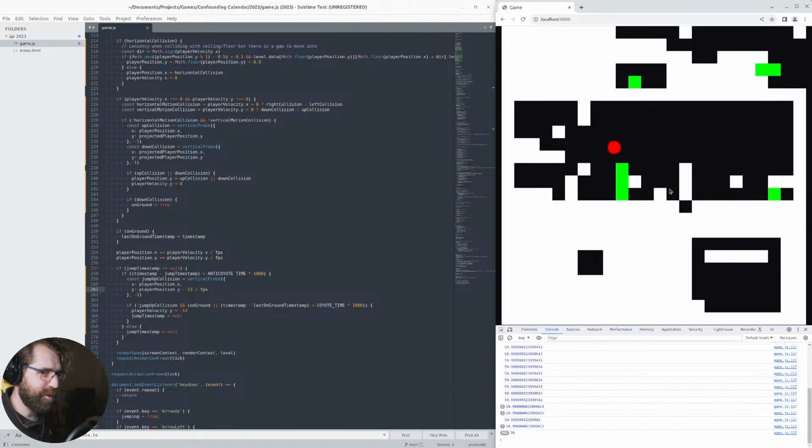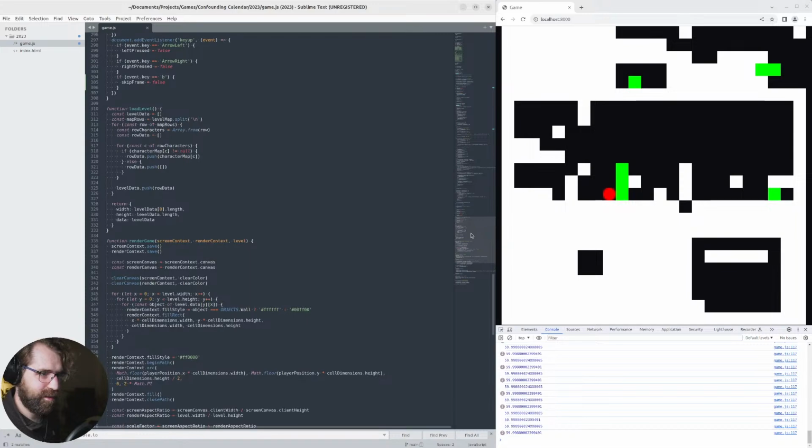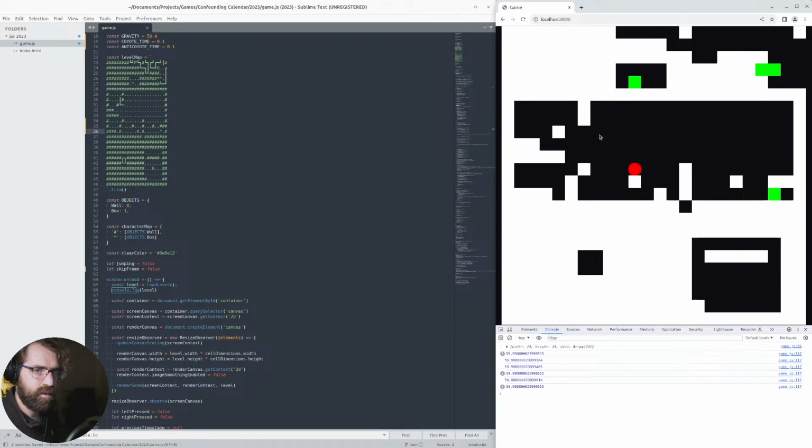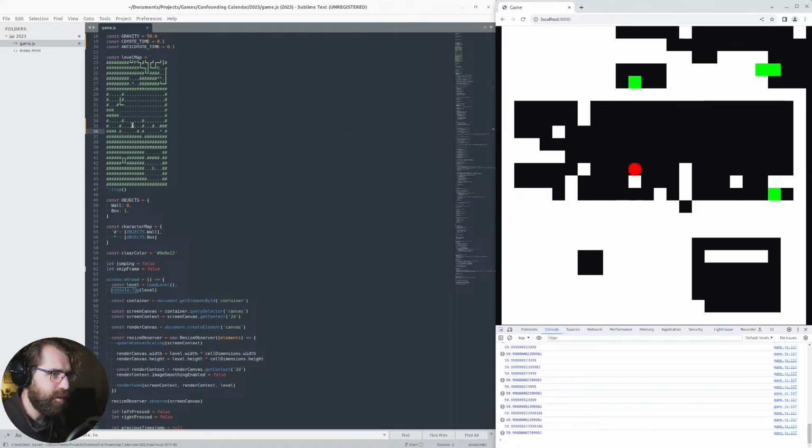I think if I got to a certain velocity, I would go through the ground, but that is just a general physics problem, and as long as I avoid that velocity being possible, should we figure out what that velocity is? Where's my level? It's here. We could just get rid of these. Oh, that is not where I land.